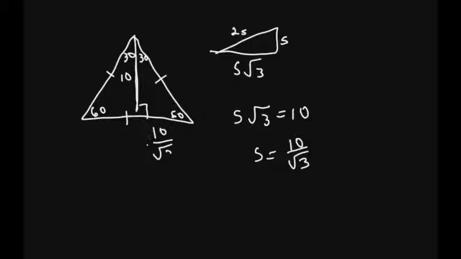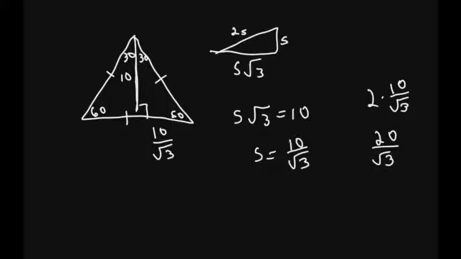I keep saying it wrong. If we multiply that by 2, we would get the hypotenuse. So if we do 2 times 10 divided by the square root of 3, we'd get 20 over the square root of 3.